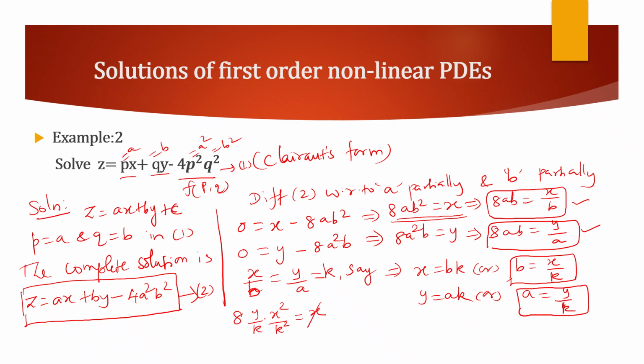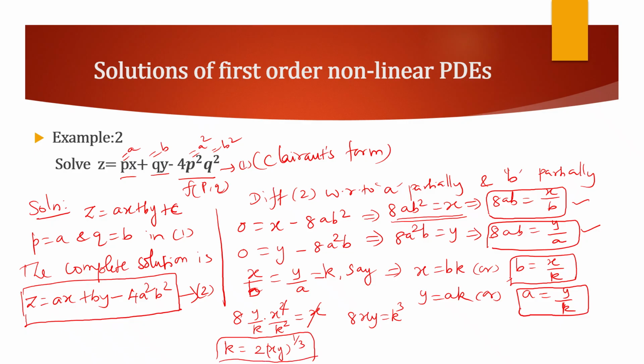So we can cancel one x from here, and from this we get 8xy is equal to k cube. 8xy is equal to k cube, or from this we get k is equal to 2xy the whole power 1 by 3. So we have got the substitution for k.